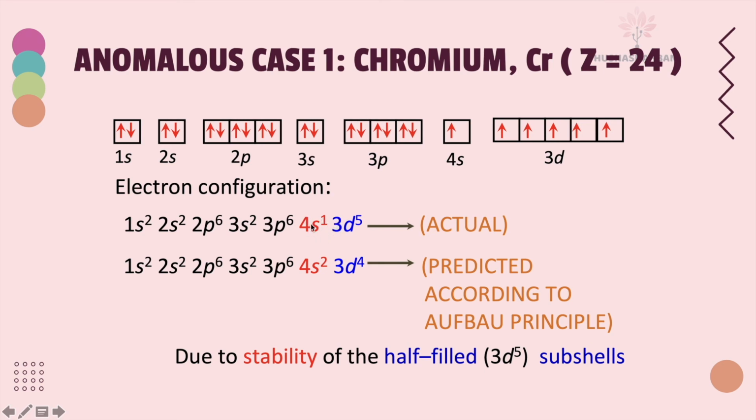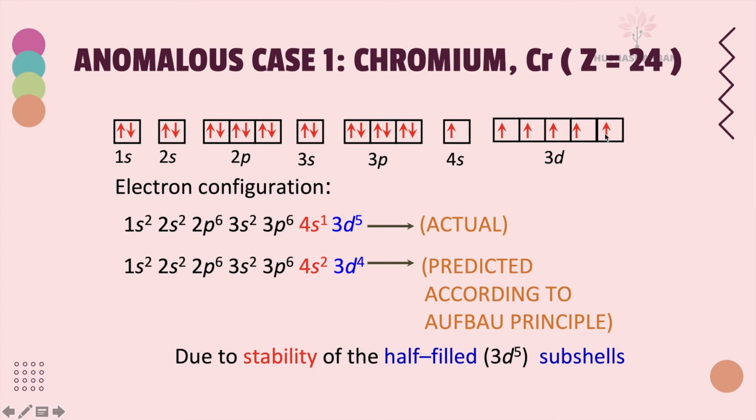Electrons do not fully fill 4s. Just one electron in 4s and the rest in 3d. Why is this happening? Due to the stability of the half-filled 3d5 subshell.